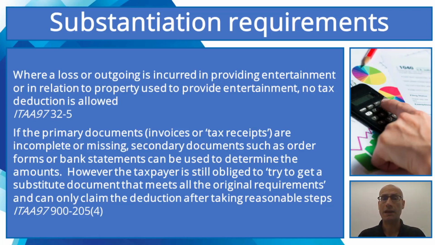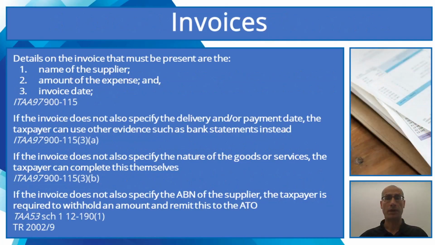They can still claim the deduction after they've taken all reasonable steps. But as part of that, the taxpayer is going to have to take steps to recreate that particular piece of information. And you can do that from secondary documents, bank statements and order forms and pricing guides and so on. It's probably a really good idea at this point to just map out what must go on a tax invoice.